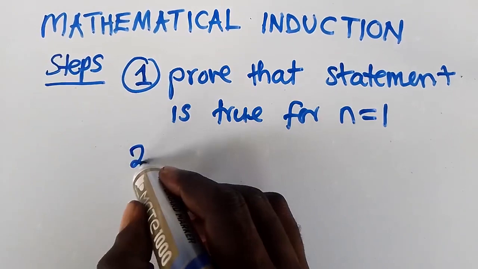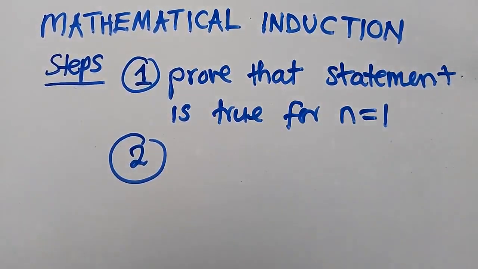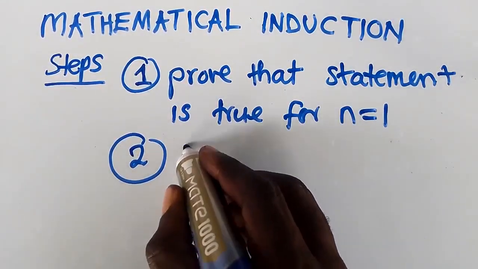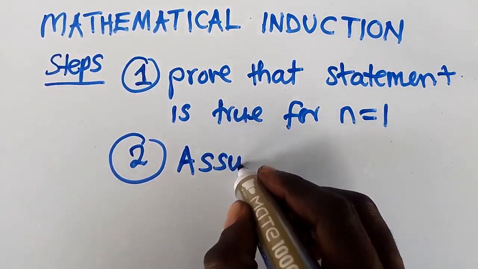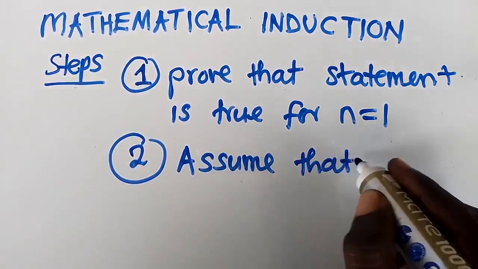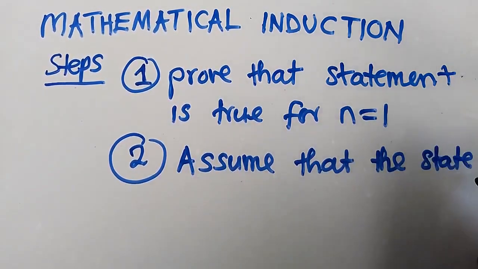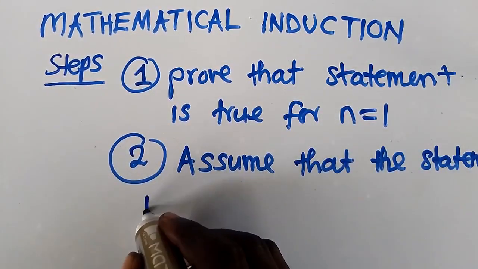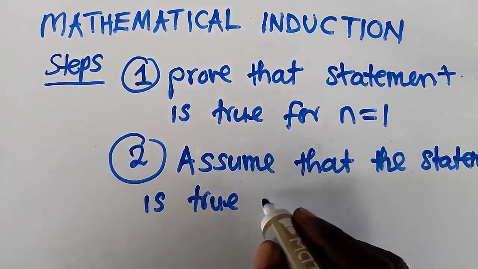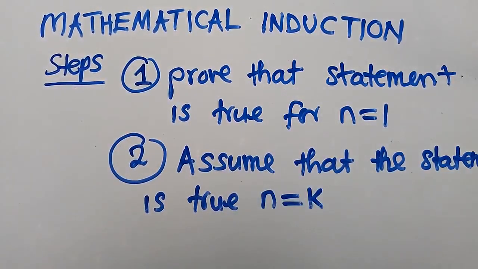The second step is that you assume. You assume that the statement is true for n is equal to k.